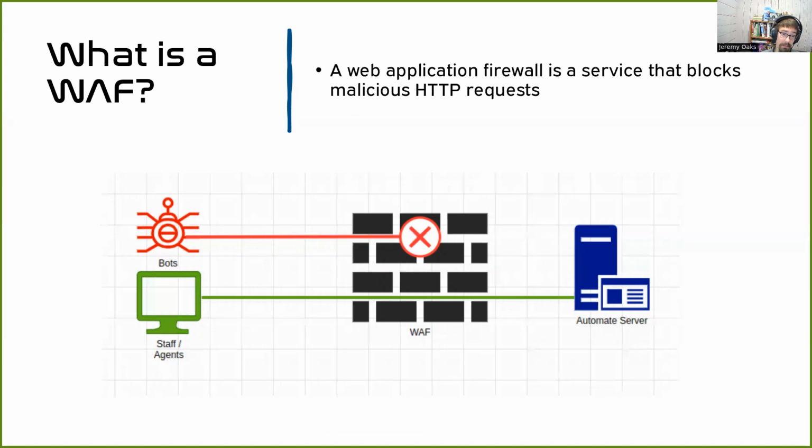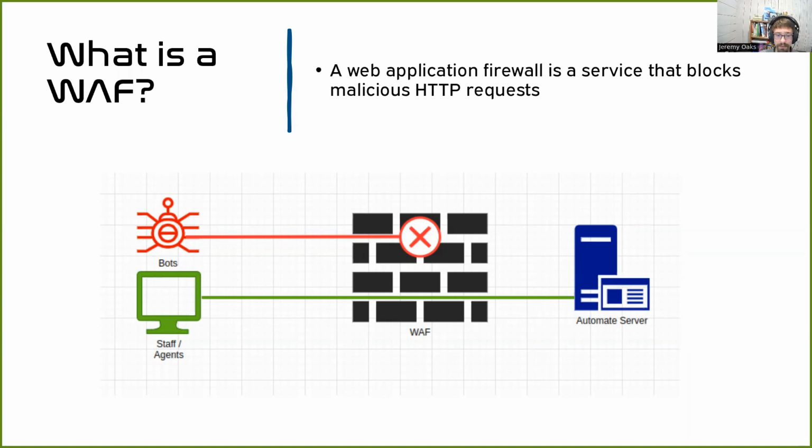It's looking for things like protocol anomalies, malicious user agents like you'd see from bots or exploit tools, and then injection attacks, file inclusion, cross-site scripting, and everything else that you'd find in the OWASP top 10 vulnerability list. These checks are performed against every single request to your Automate server. So even if an attacker can maneuver around your other security controls, whether that be GeoIP or IP whitelisting or things like that, the requests are still going to be inspected for malicious content.